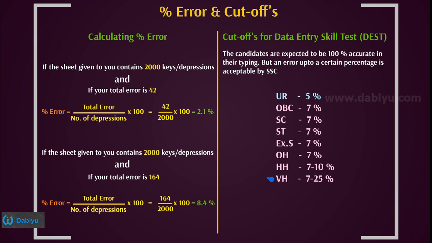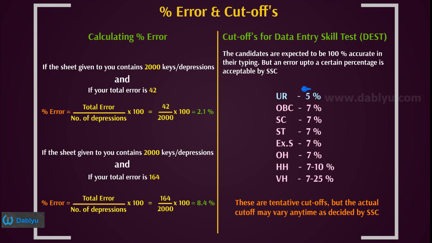For HH and VH category students a slightly higher percentage was acceptable. It was between 7 to 10% for HH, and for VH it was between 7 to 25%. Again, these are just tentative cutoffs, and the actual cutoffs may vary anytime as decided by SSC. But this has been the general trend of cutoffs over the past few years.